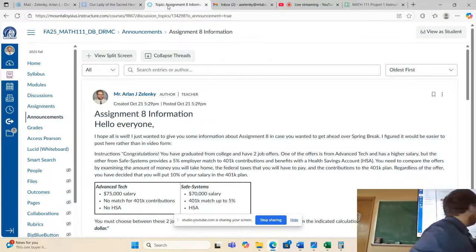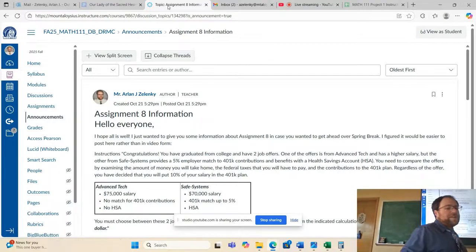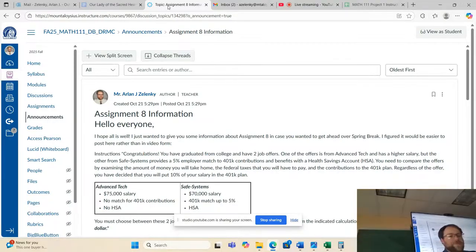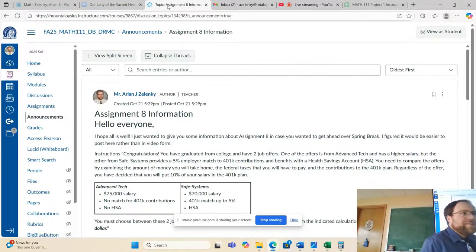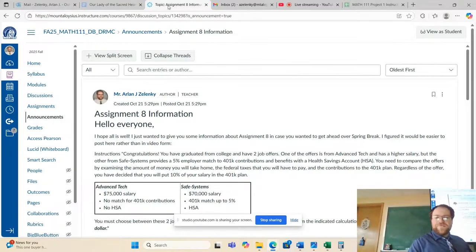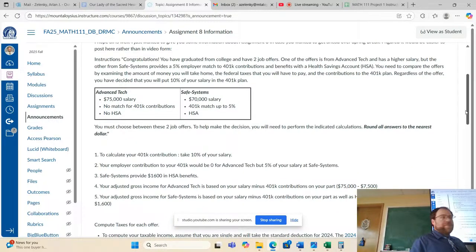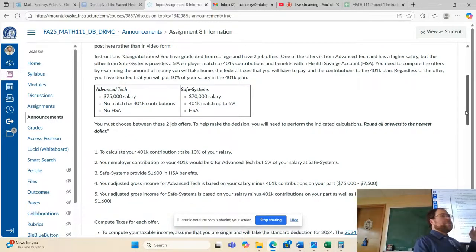And if it helps, on the screen here, I actually put an example up on how this works. The only thing I'll say is that the numbers in this example are going to be slightly different than the ones that you have. But I'll show you what I mean there.